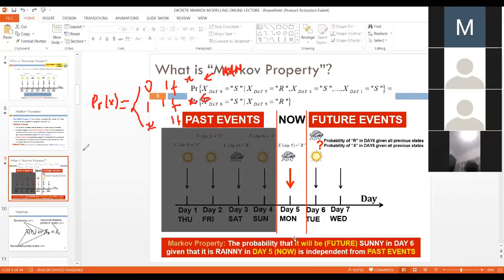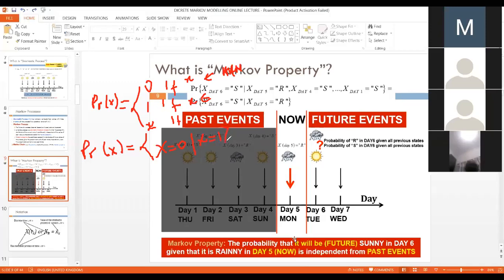Within this context, we are writing PR of x, giving us this time the state x equals the value 0, given a certain condition. Here is a conditional probability: the state x at the next day, given the state is equal to 1 at the previous time.